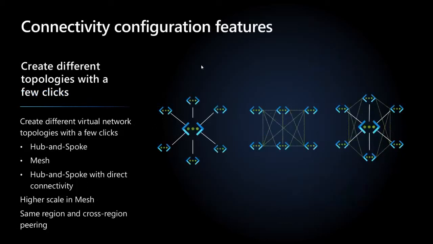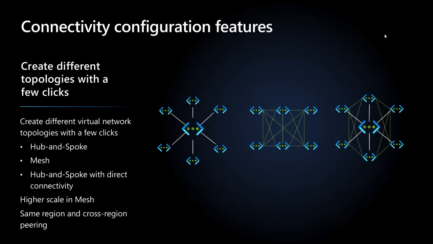Next, connectivity configuration. Connectivity configuration is, as I mentioned, one of the types that you can use in the public preview phase. Here you can see three kinds of topologies from left to right: hub and spoke, mesh, and hub and spoke with direct connectivity between spoke VNets.